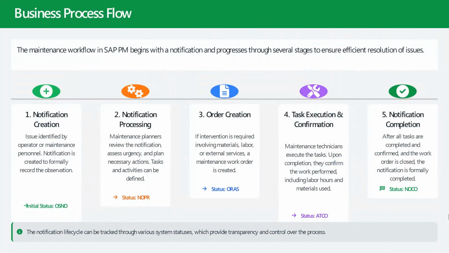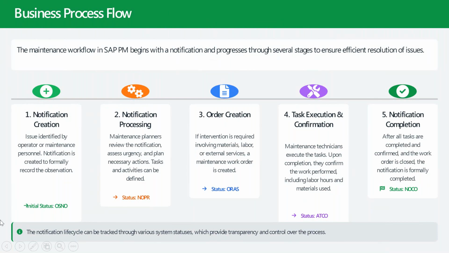The maintenance workflow in SAP PM begins with notification and progresses through several stages to ensure efficient resolution of issues. So these are the stages, segregated based on the user status. Whenever we are creating a notification, at that time the notification system status is the initial status, the first stage when we are creating a notification.